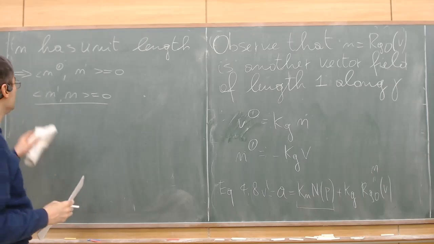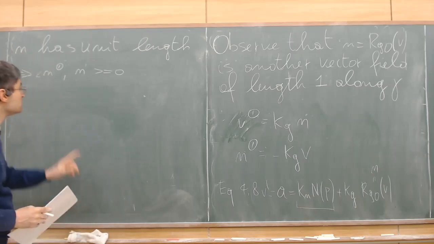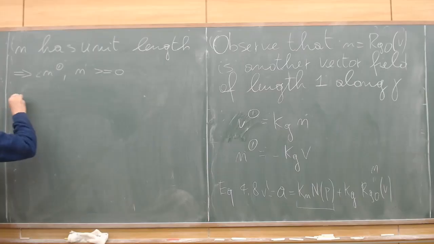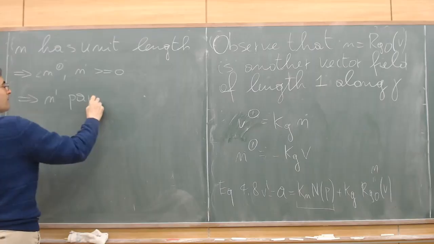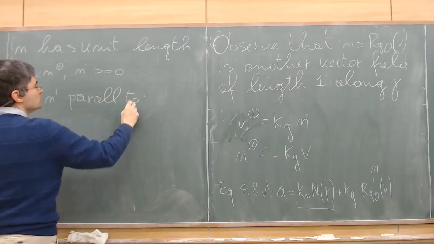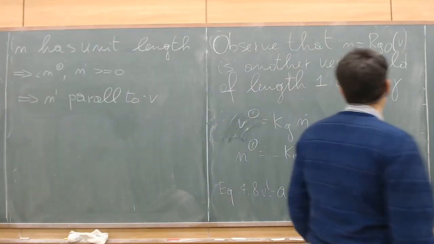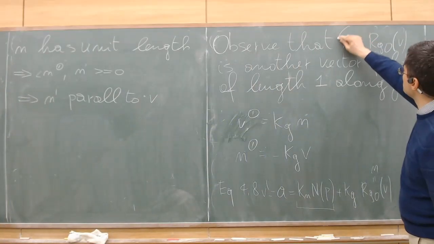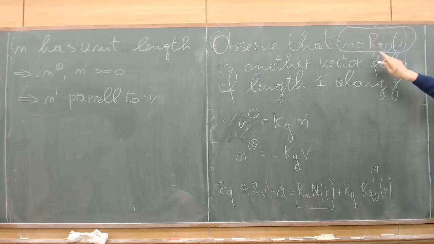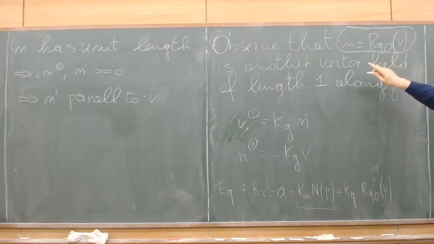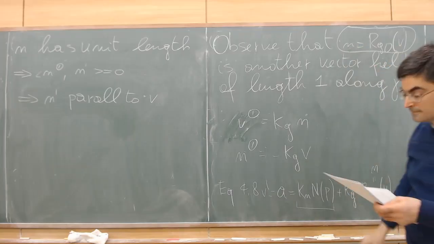Since this is true, then n prime is parallel to V. Why? Because we define n to be the rotation by 90 degrees of V. So if a vector is orthogonal to this one, then it's parallel to this one.